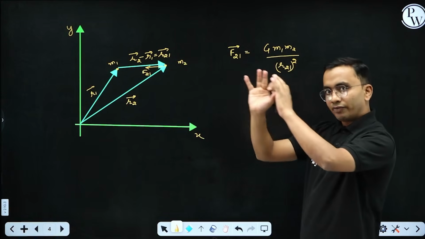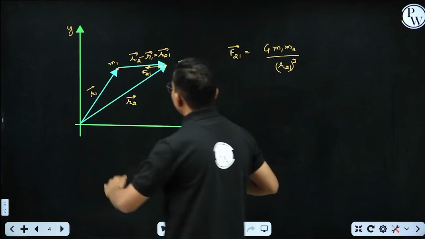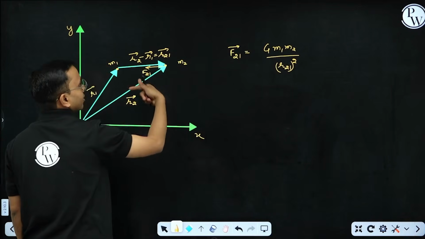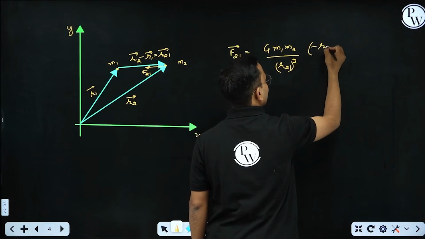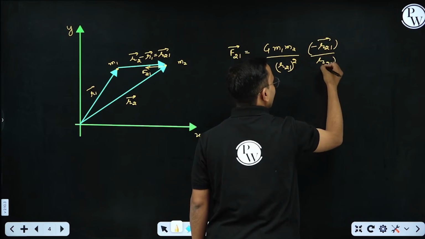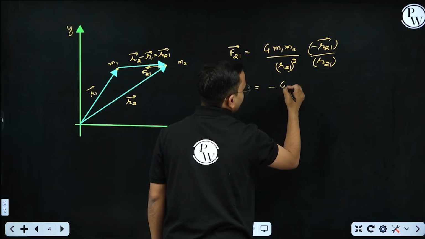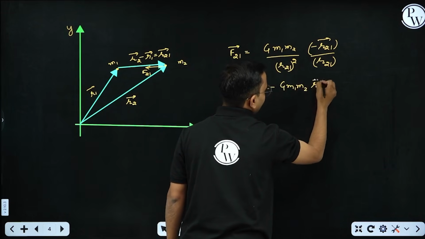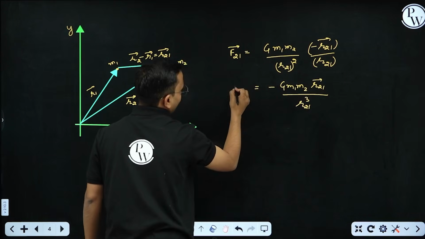A unit vector means a vector divided by its magnitude. I need a vector in the direction of F21, which is opposite of R21. So I'll say this is minus R21 divided by R21. So this becomes minus G M1 M2 R21 divided by R21 cube. This is my F21.